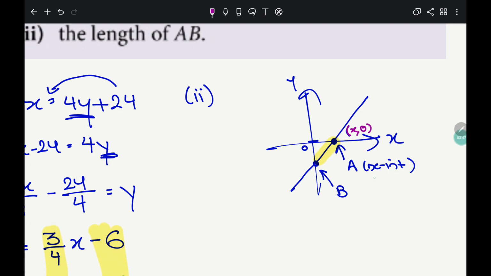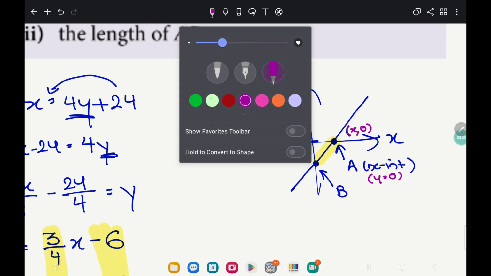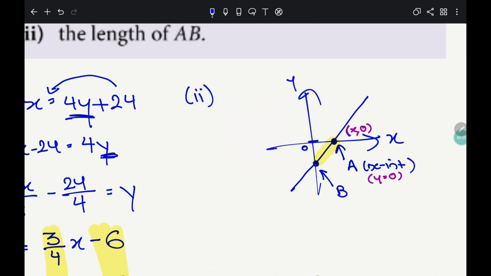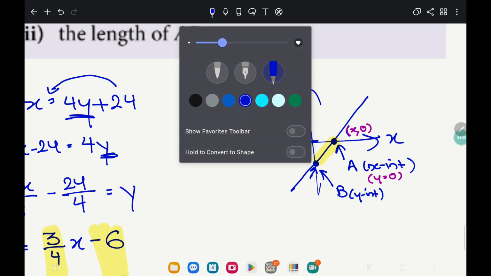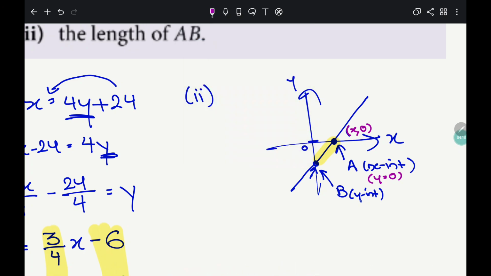At the x-intercept, y equals 0. B, at the point B over here, is on the vertical line, the y-axis. This is the y-intercept. At the y-intercept, the value of x is equal to 0.